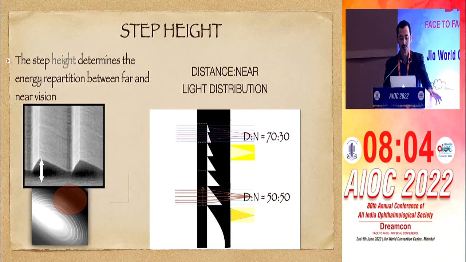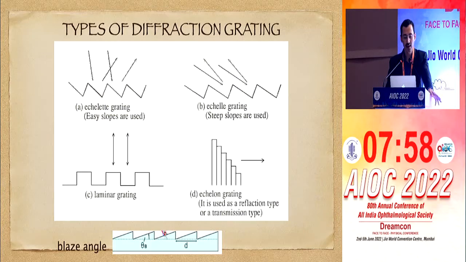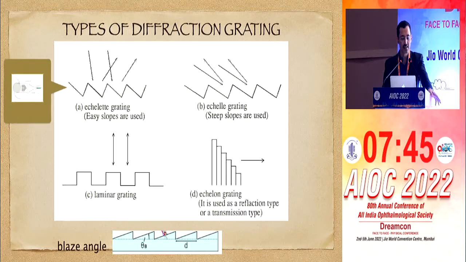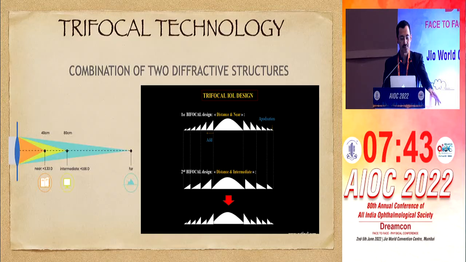This is used in apodization by shortening the height of peripheral diffractive gratings. Again, by changing the blaze angle of the diffractive gratings, you can create higher order diffraction, which is used in certain EDOF lenses like Symphony lenses.